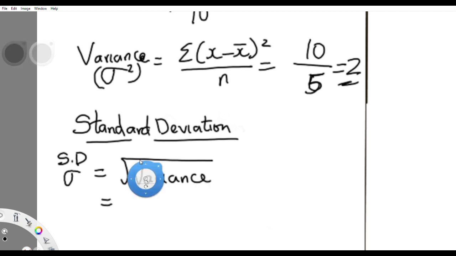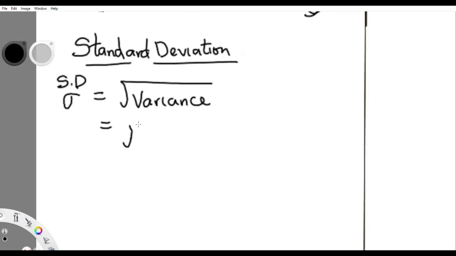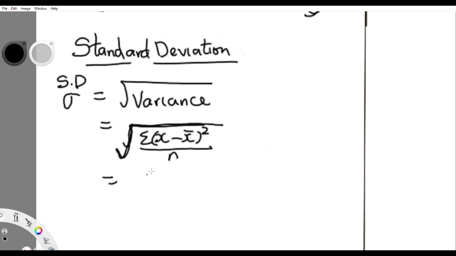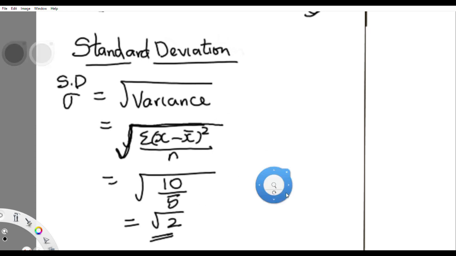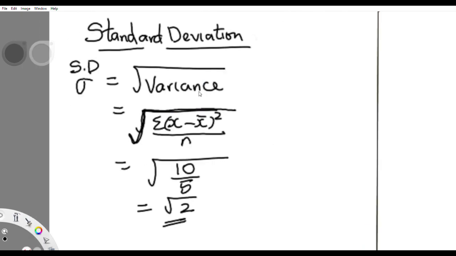So it simply is square root of summation x minus x bar squared all over n. Square root is covering everything. So we have square root of 10 all over 5, square root of 2. That is the standard deviation.